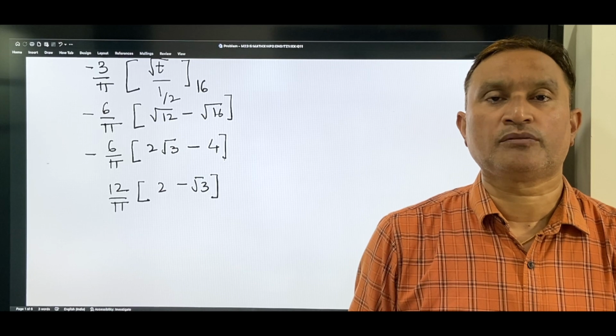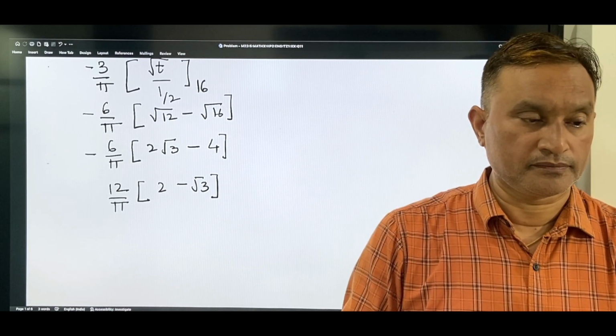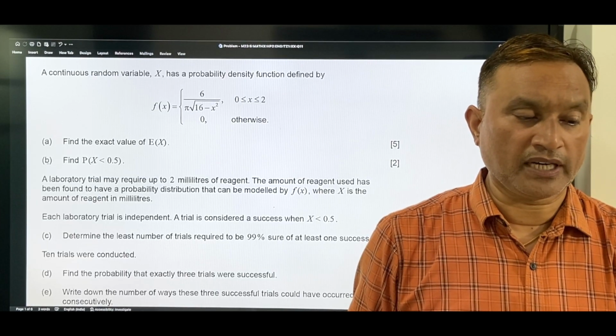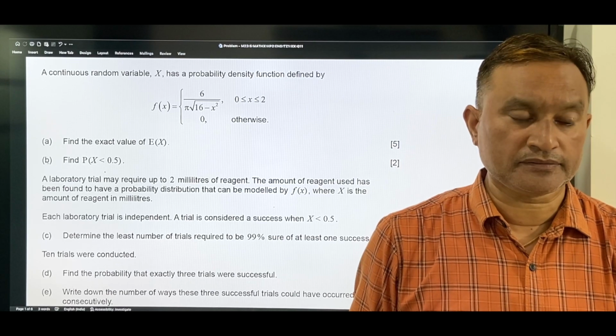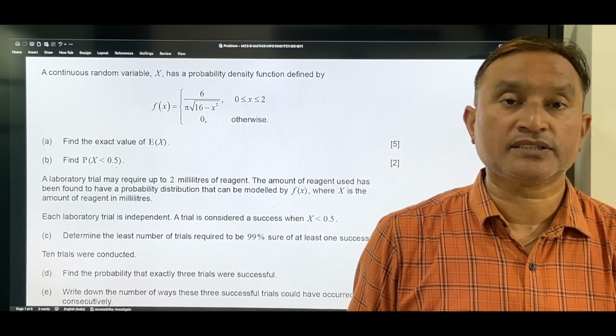Now we will proceed to B part. In B part, we have to find the probability of x less than 0.5.